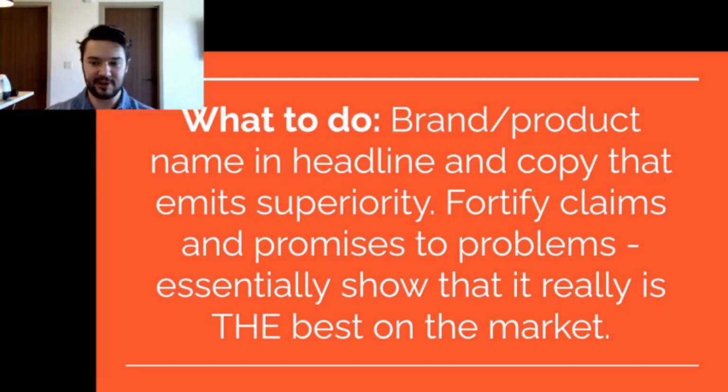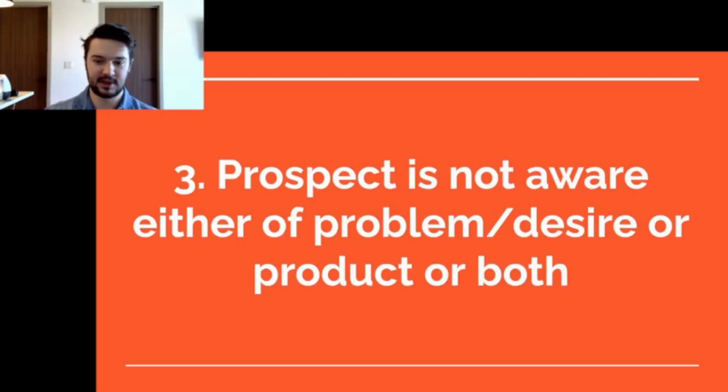You're going to have the brand and the product name in the headline itself, and the copy of this ad is just going to admit its superiority, right? So you're going to fortify the claims and the promises and the solutions to the problems, and you're really just going to highlight why they should buy from your brand, right? Why it really is the best on the market.